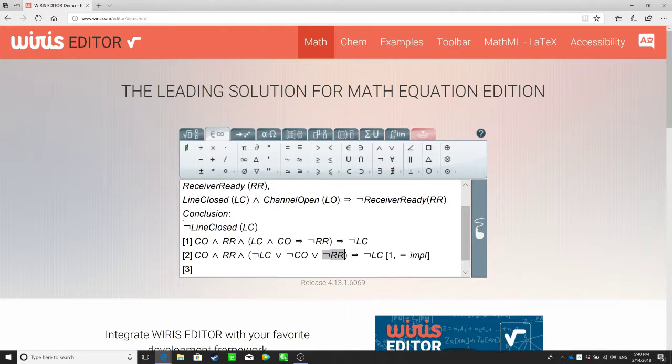If you have RR and negation RR, it becomes false. But RR or negation RR, what's that going to be? The and would be false, and the or would be true.